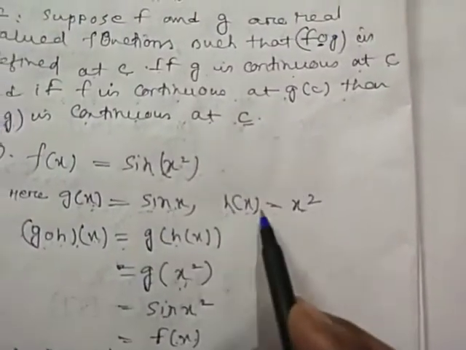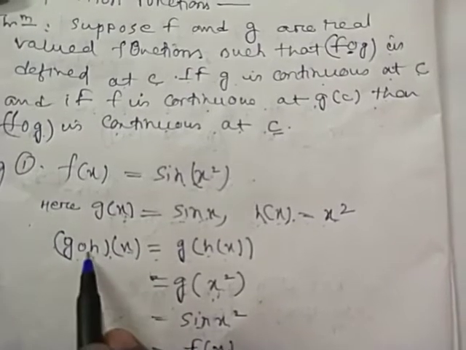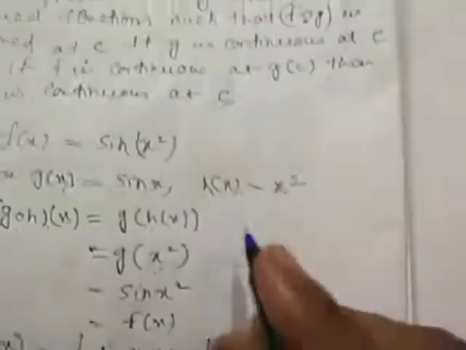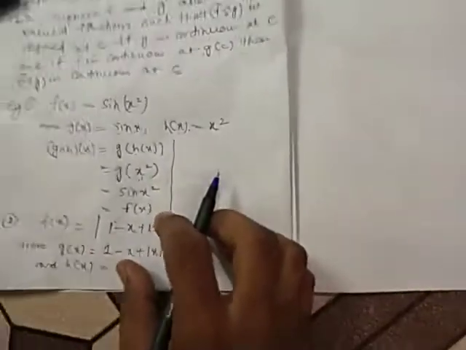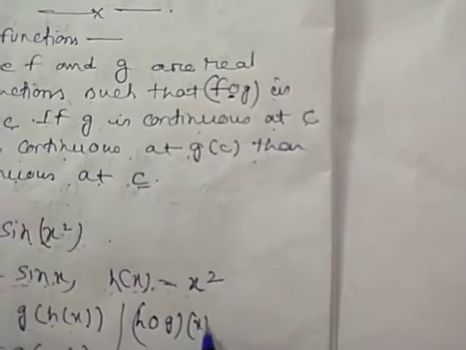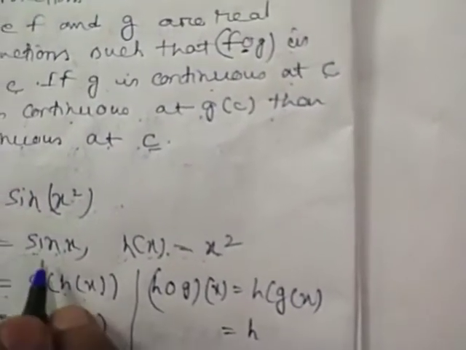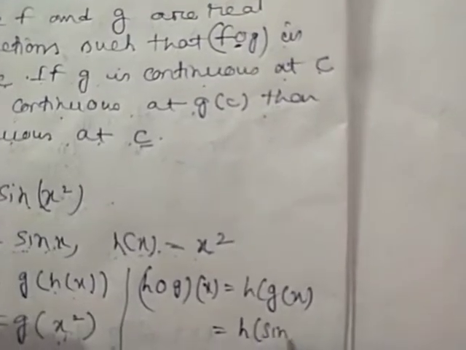But if I change the order, you will not get it. Suppose g of x equal to sin x and h of x equal to x square. If I write h o g of x, what will I get? h of g of x is equal to h of sin x.